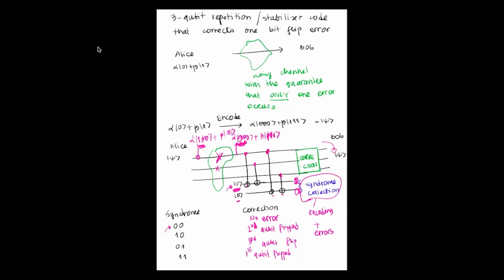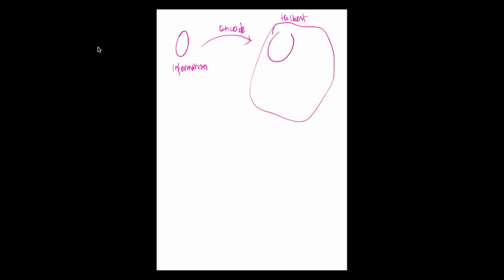Okay, let me just add another page and give you a very cool idea of how we do this. The idea is that this is the information that you want to send. But you want to save it from the noisy channel. So what you do is encode it into a bigger Hilbert space. And this encoding has to be exact, it has to be an isometry. So it has to be a copy of the original information. But now this is a bigger Hilbert space. And what the errors do is they take this space to other subspaces inside the Hilbert space.